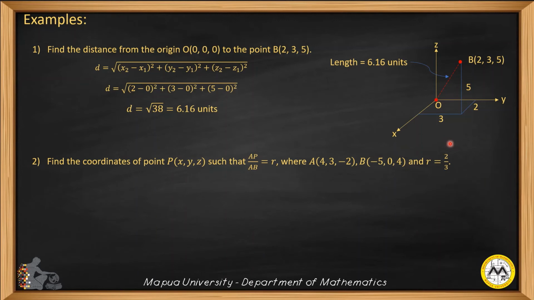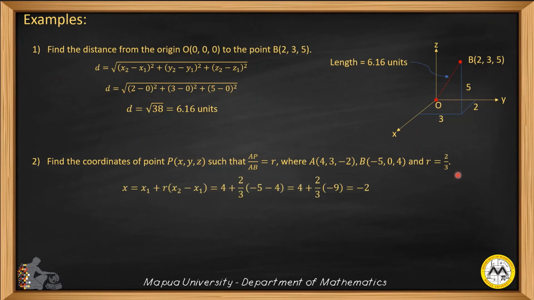Now that can be illustrated in this particular example. In number 2, we would like to find the coordinates of point P(x, y, z) such that P would divide the segment AB in the ratio of AP to AB equal to some ratio r, where A is the point (4, 3, -2) and B is the point (-5, 0, 4) with r equal to 2/3.